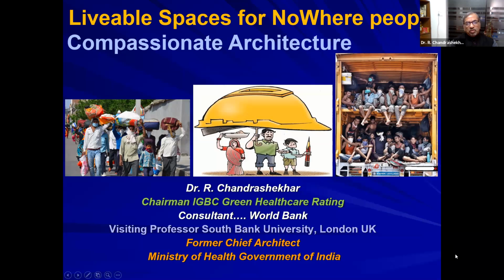Okay. So today, Shruti has explained how they have arrived at the competition parameters, and a very interesting phrase they used: livable space for nowhere, and now here. It is word play, but it is a fact.